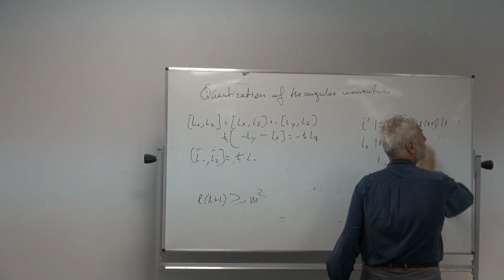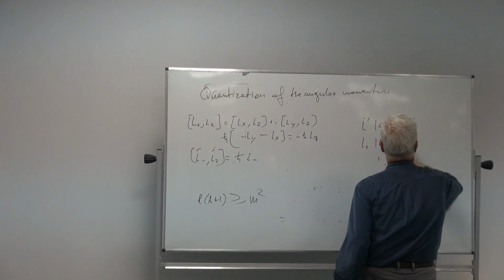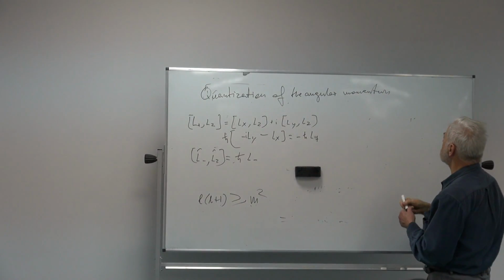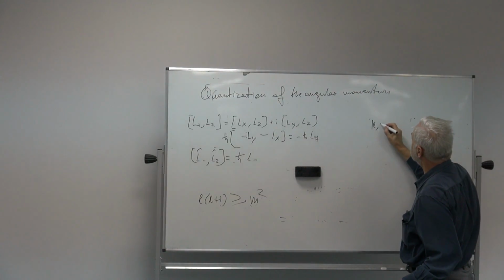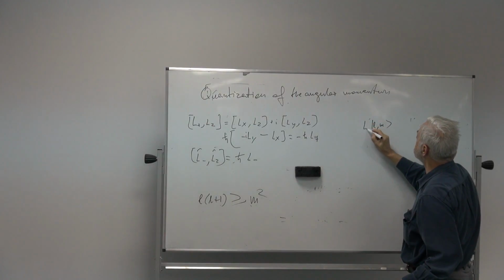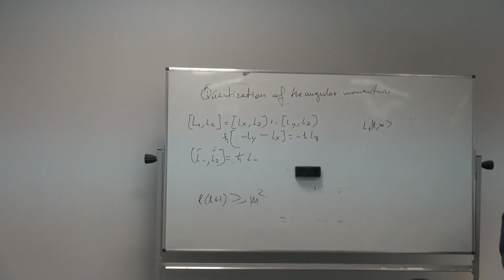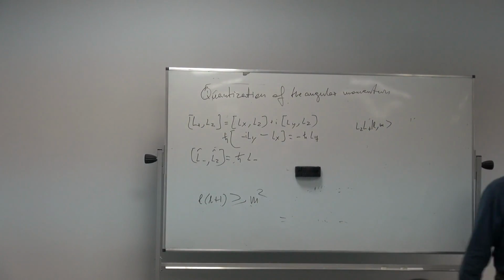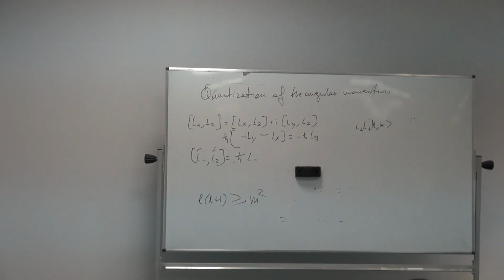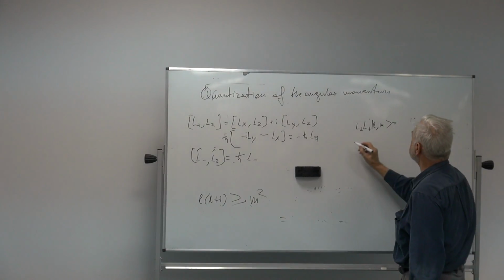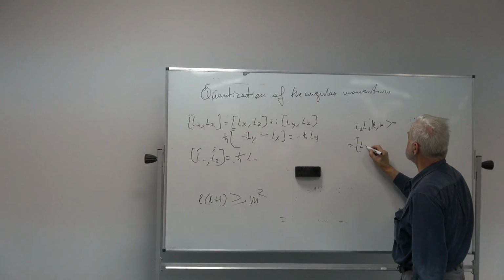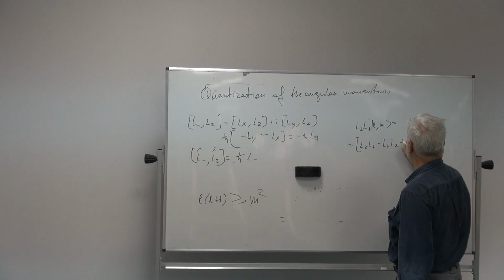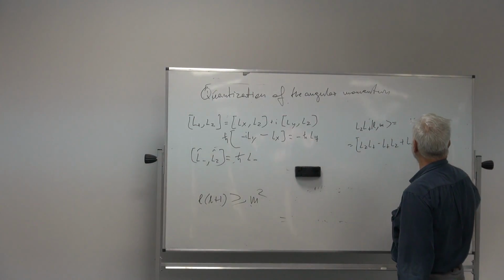So now I can do what I promised to do. Namely, I can take my Lm state, act, say, with L plus on it, and then check what happens if I write Lz here. Okay? Now this is nothing else but Lz L plus minus L plus Lz plus L plus Lz, right?